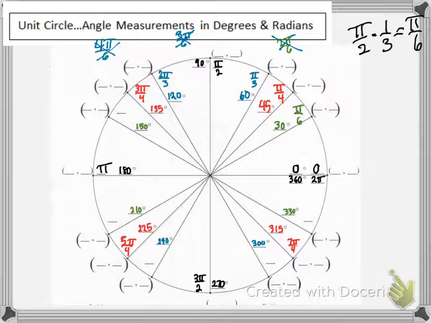That won't reduce, so I'll put it down the way it is. Then I need 6/6 of pi. Oops, 6/6 of pi is just the same as pi, so I don't need that. And then I need 7/6 of pi. That doesn't reduce.